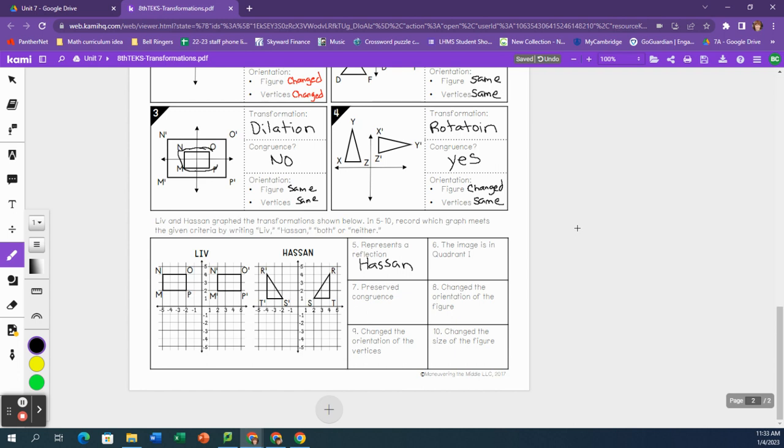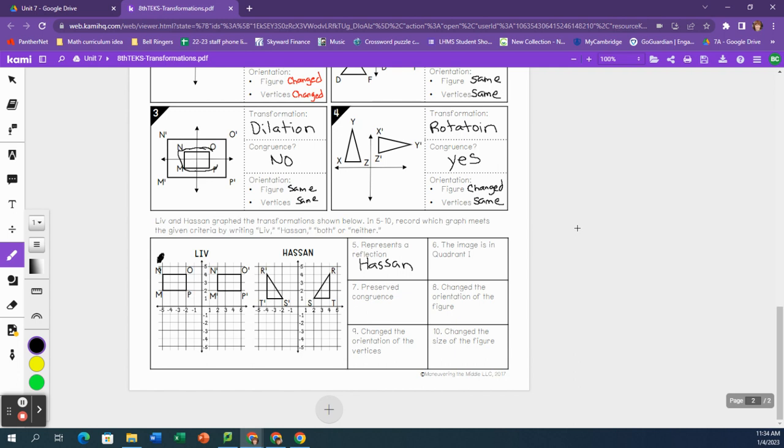Well, this O would have been right here. See? This would have been the O if that was a reflection. Because you could reflect this over to here, but the orientation of the figure would have changed. Okay? For it to be a reflection. Yeah, because it would have reflected.